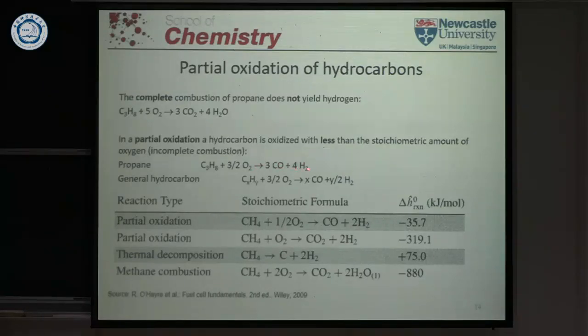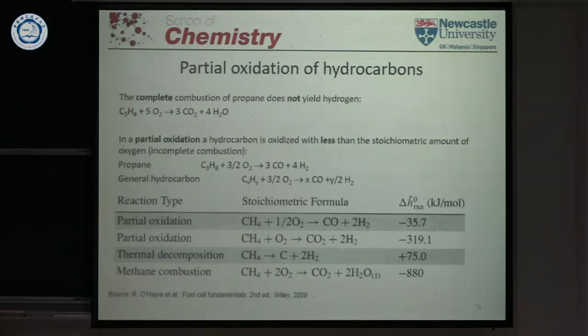So the reaction is completely different from this reaction here. And in fact, I would get quite a lot of hydrogen from this, together with carbon monoxide though. And then you can generalize this for hydrocarbons, and with that equation you can easily determine for different hydrocarbons how much oxygen you need for the reaction in order to make hydrogen from it.